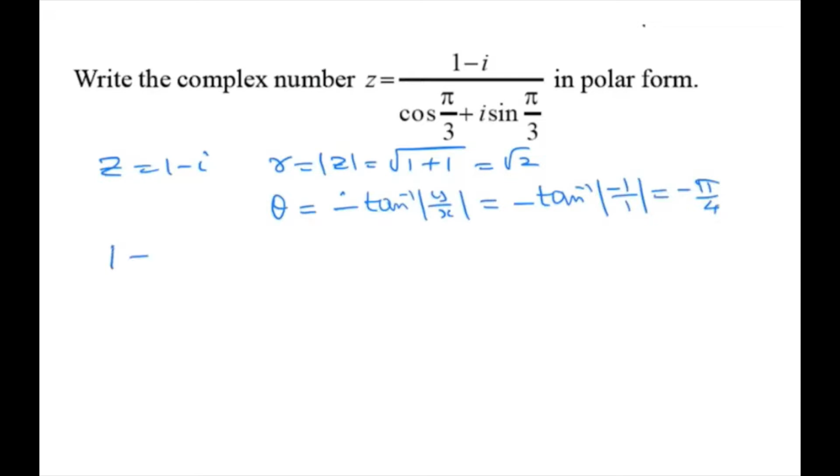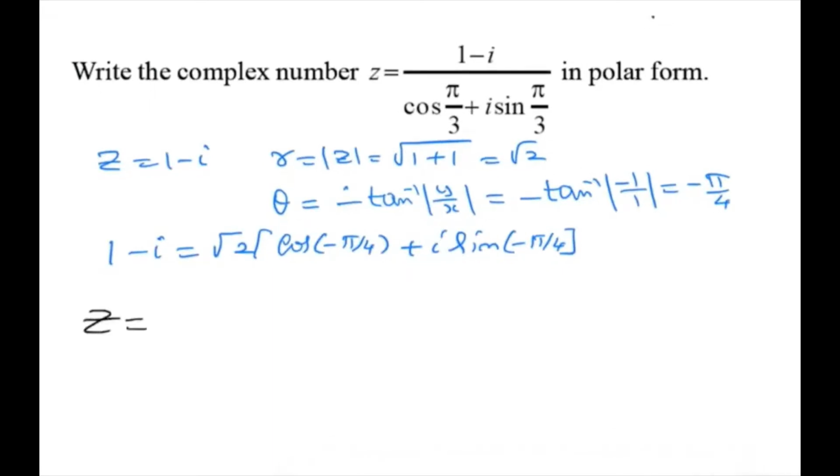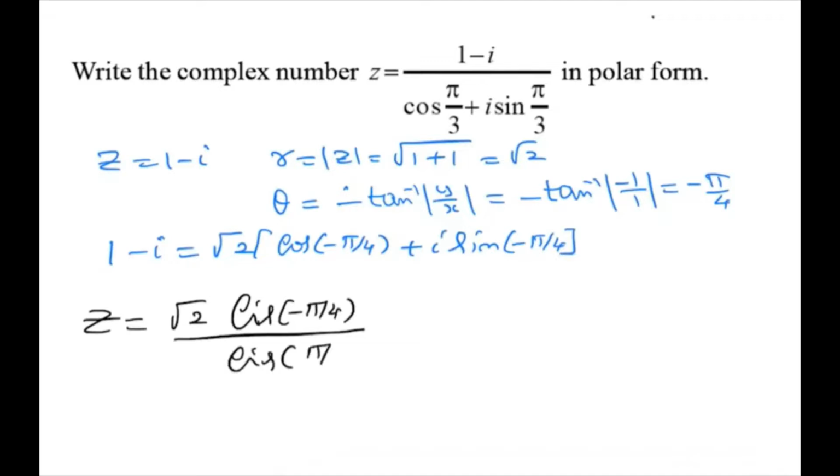So you can write 1 minus I as root 2 times cos of minus pi by 4 plus I times sin of minus pi by 4. Now we shall substitute this in the given complex number. That is Z is (1 minus I) root 2 times cos of, or you can simply write cis of minus pi by 4 upon cis of pi by 3.